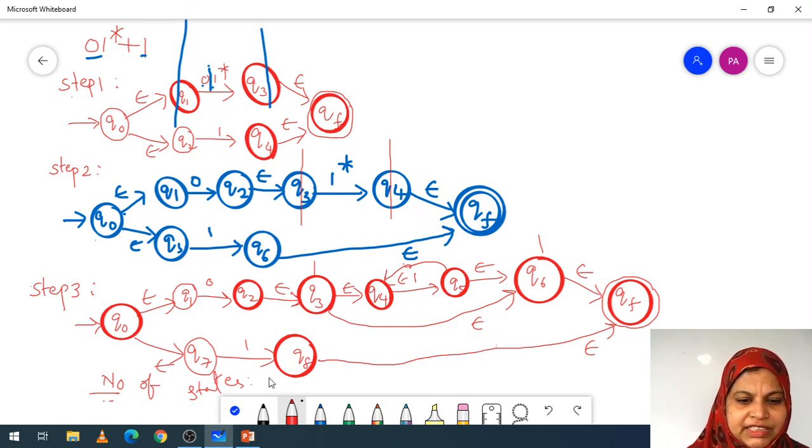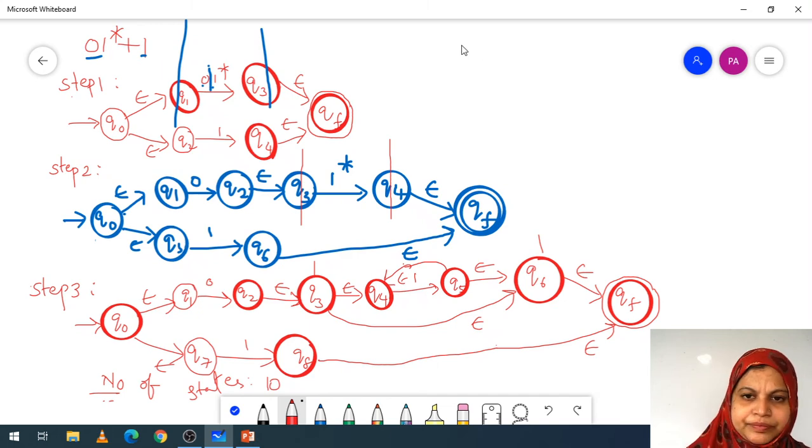Number of states is 10. This is the NFA with epsilon moves. Now we have to convert this NFA with epsilon moves to without epsilon moves.